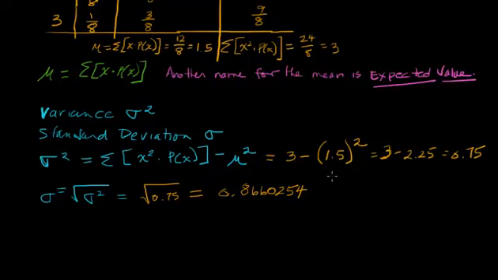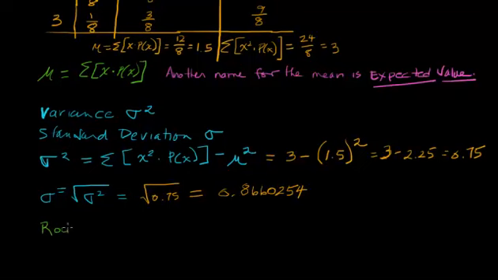Okay, so we need to have a plan for numbers like this, and there is a rounding rule for the standard deviation and sigma, and the mean. So let's write that.